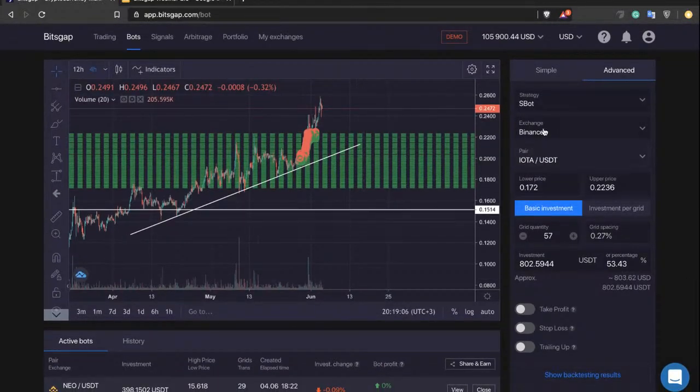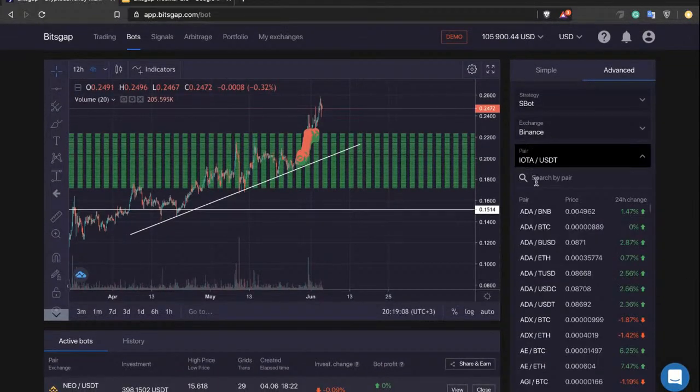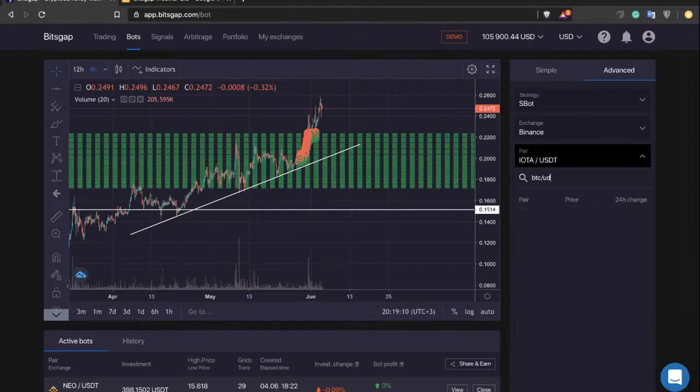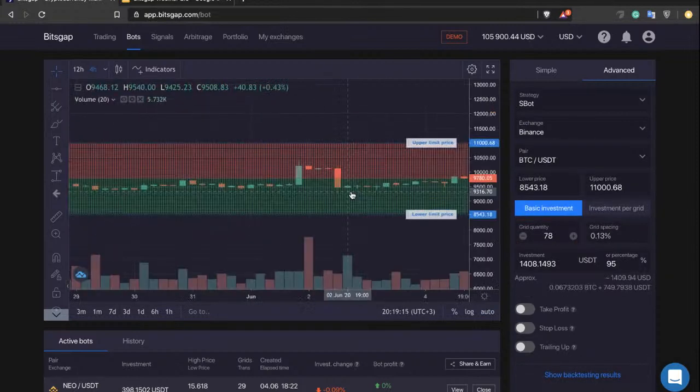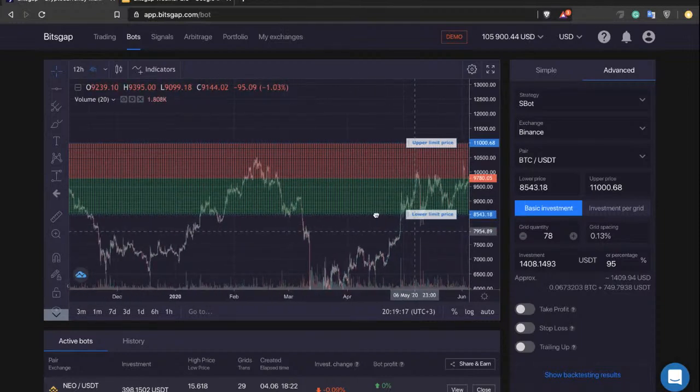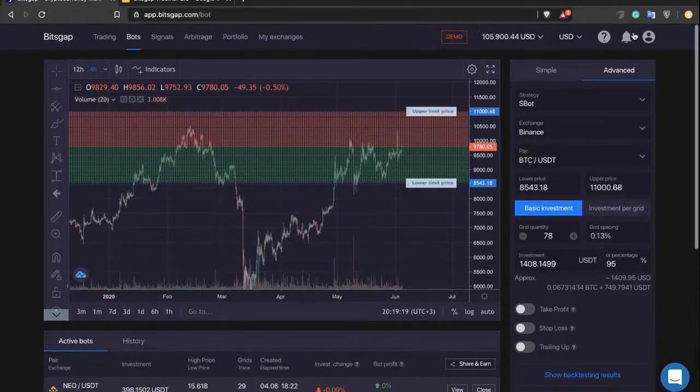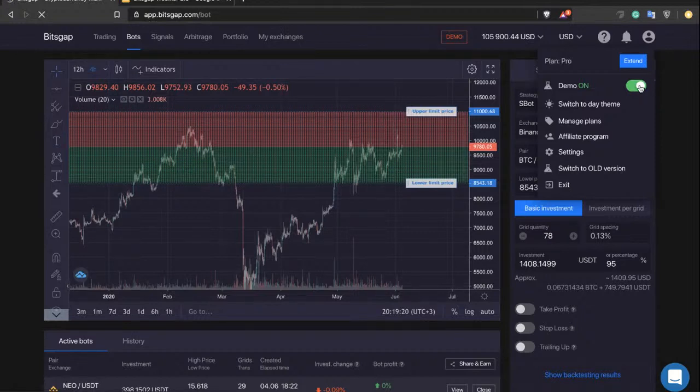The last example I will show you is BTC trading to USDT. If I open my real account, I will show you that I have a history there, a history of all of my trades.